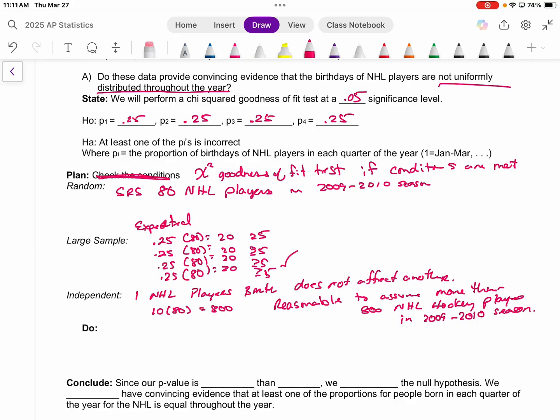We're going to keep on going, but doing some research, technically, when they created this problem, they probably shouldn't have gone with that big of a sample size of 80 NHL players, because there are not more than 800 in the league that year. They should have done something smaller than 80 to make sure they stayed within independence.